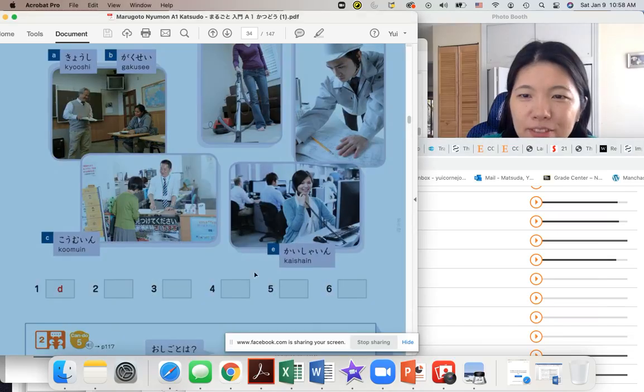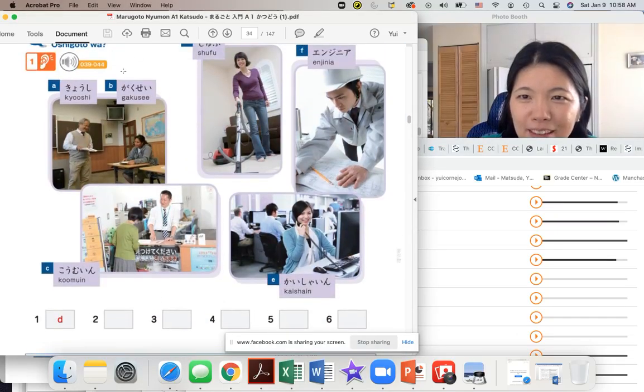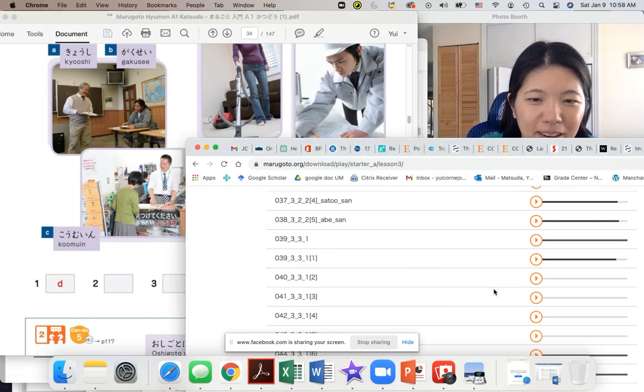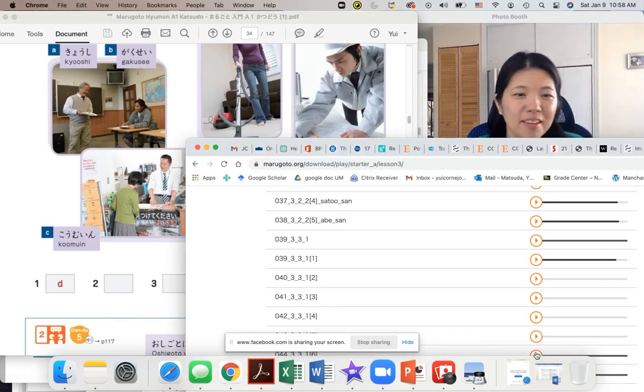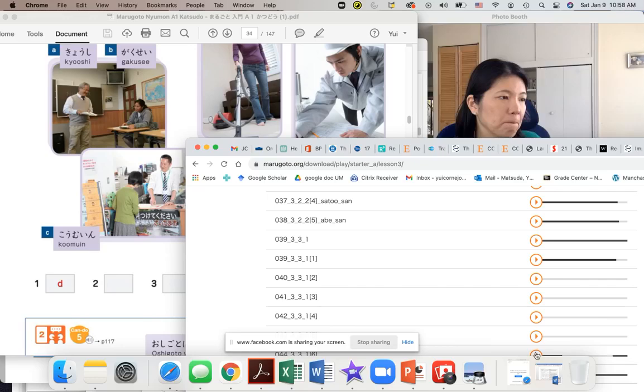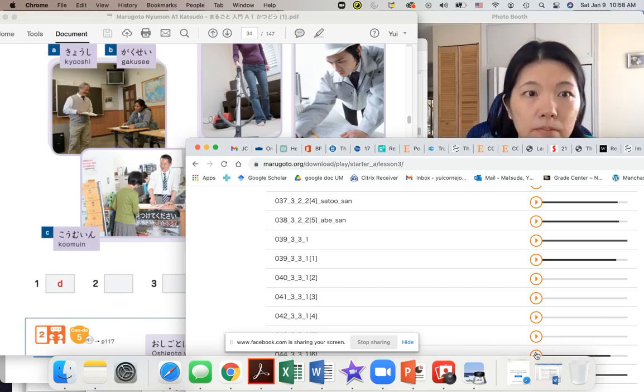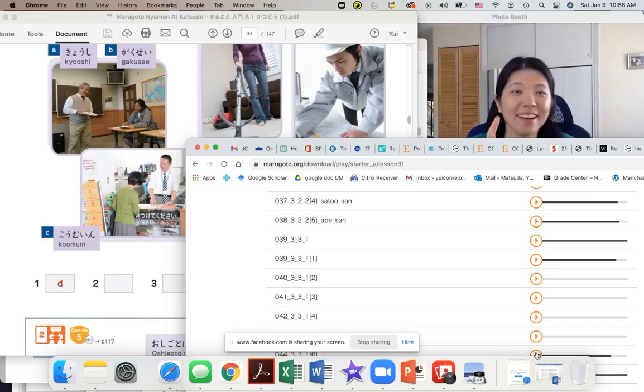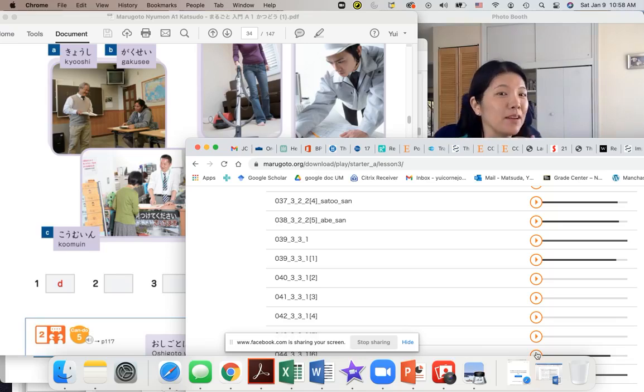So what's left is actually one thing, number B, but let's hear it. 学生, you want to hear that word? 6、お仕事は何ですか？私は学生です。Okay, so again. 6、お仕事は何ですか？What is your job? 私は学生です。So this one, she says, I am, right? 私は学生です。学生.